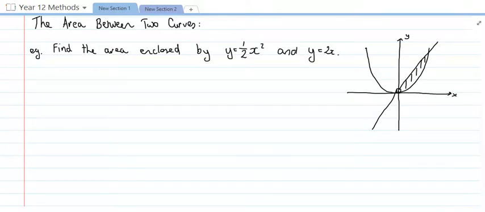Now, as I said, this is an application of the area under a curve, and I'll show you why. So if I were to do the area beneath the straight line, it would be all this part here, right up to that end part. And if I were to do the area below the parabola, it would be this part.